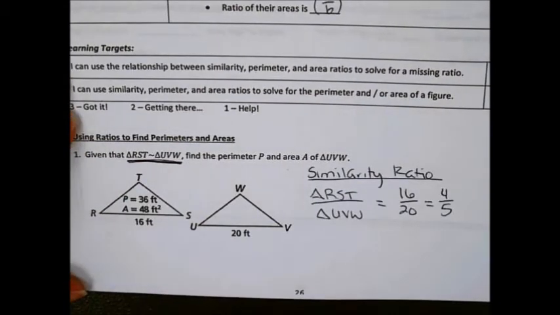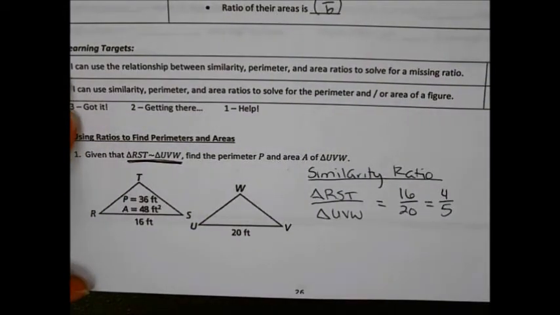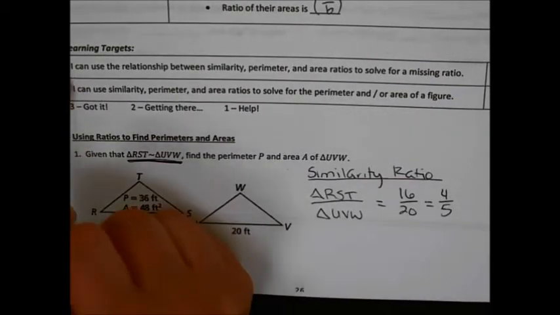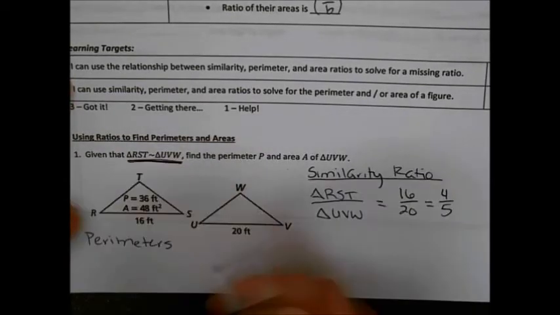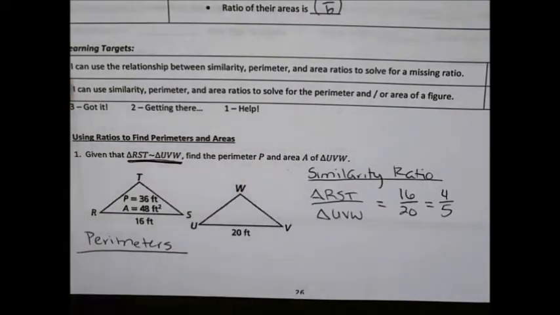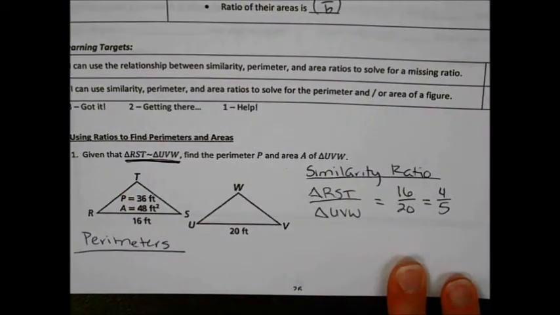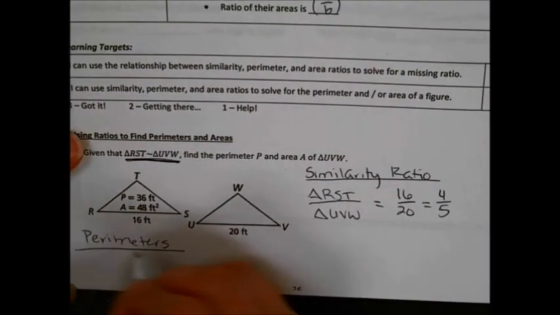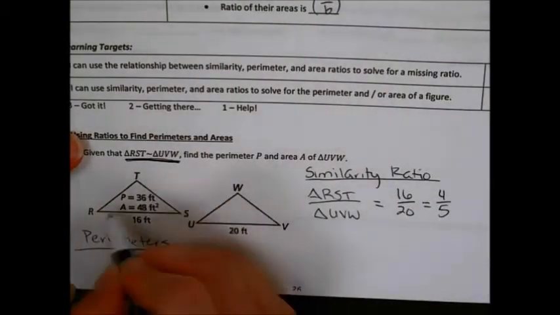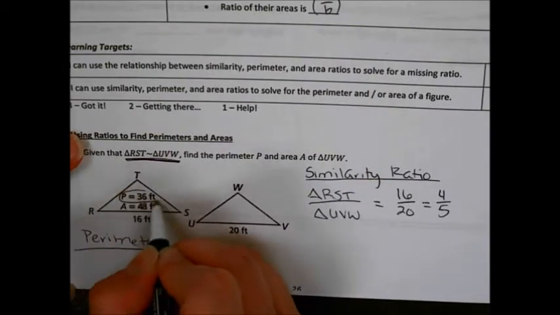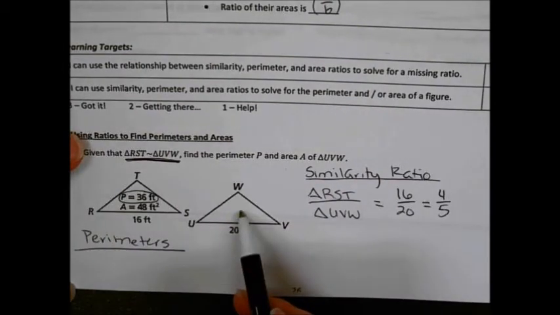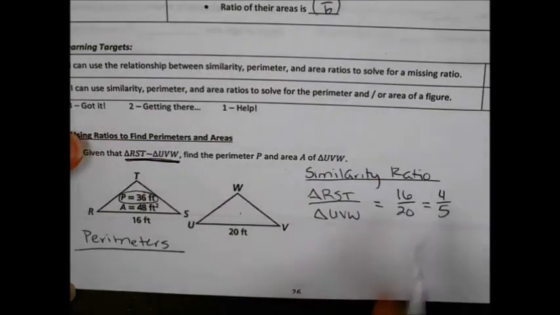Well, if I have the similarity ratio, then that means I have their perimeter ratio as well. So let's go over here and do the perimeters. So I know that the perimeter of triangle RST is 36, and I'm looking for the perimeter of this one, but their similarity ratio is 4 over 5.